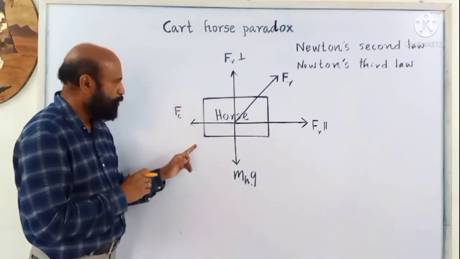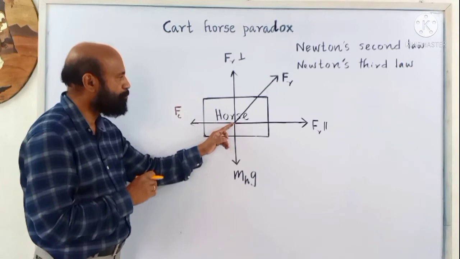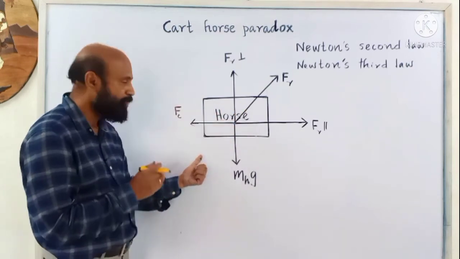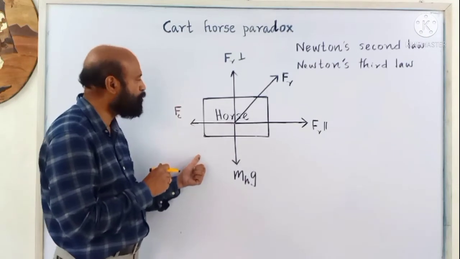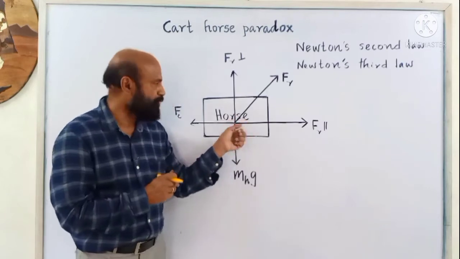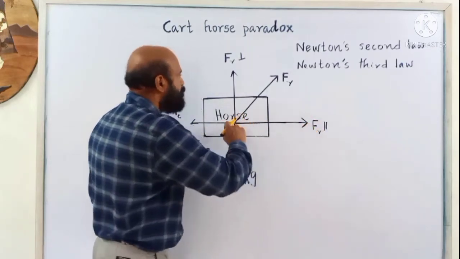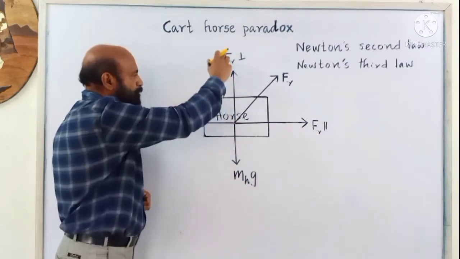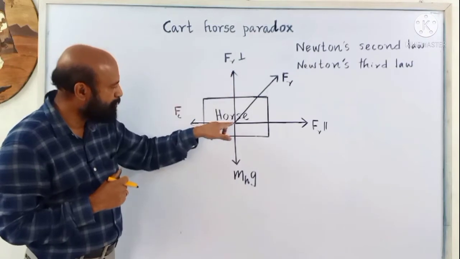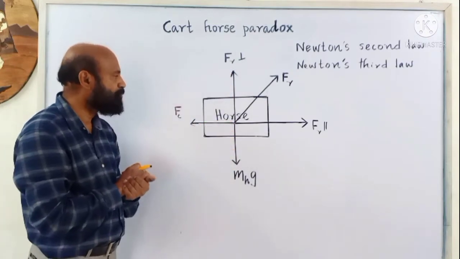Then the rod is exerting a force on the hose along this direction. It can be resolved into two components: this is the parallel component, and this is the perpendicular component. This perpendicular component will balance the gravitational force acting in the downward direction.